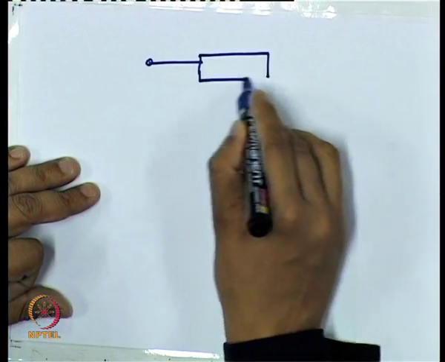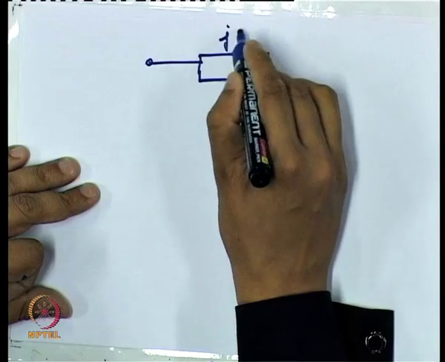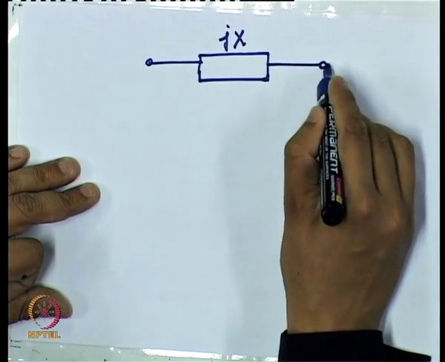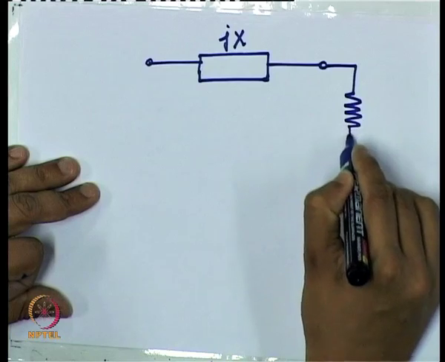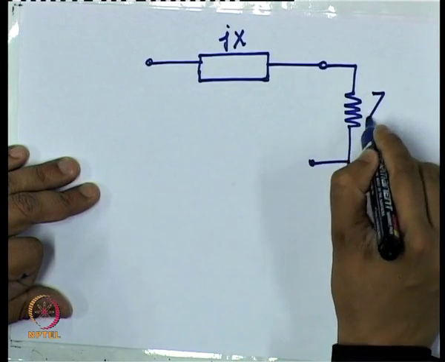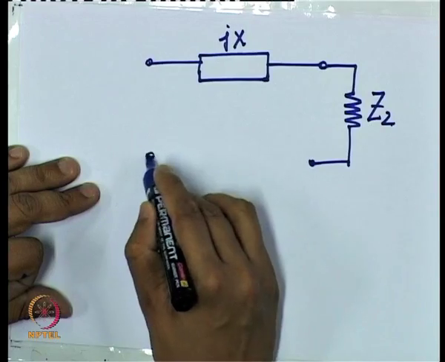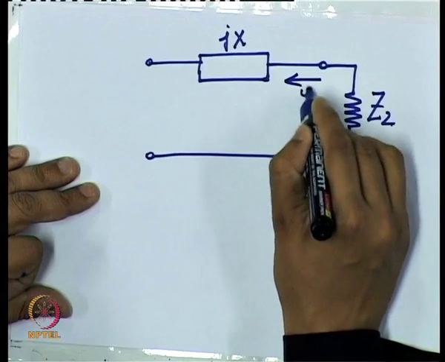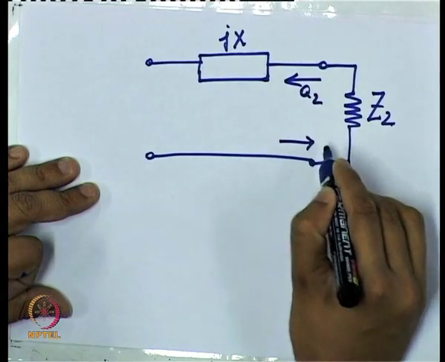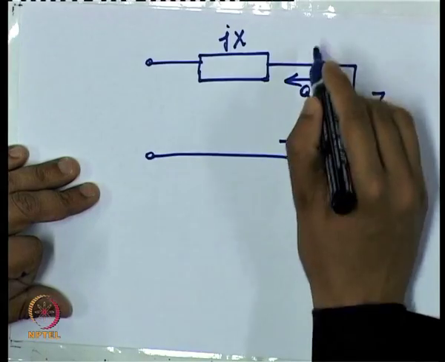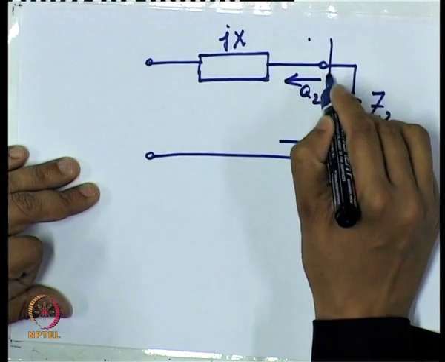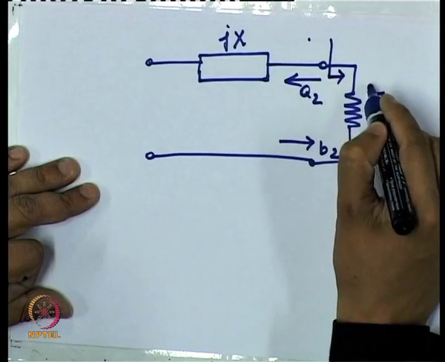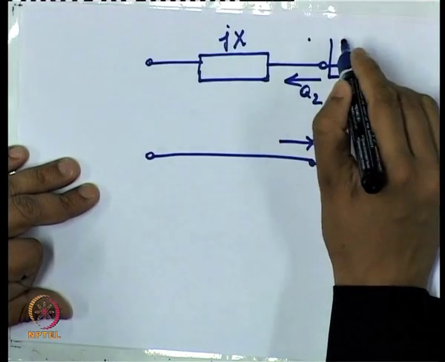Suppose we add a load Z2 at port 2. Now, what will be the reflection coefficient for a wave hitting the load Z2?